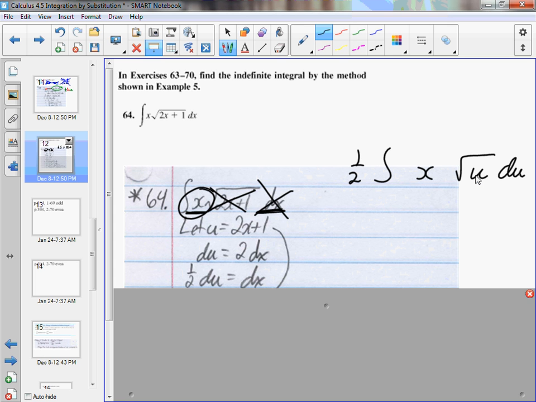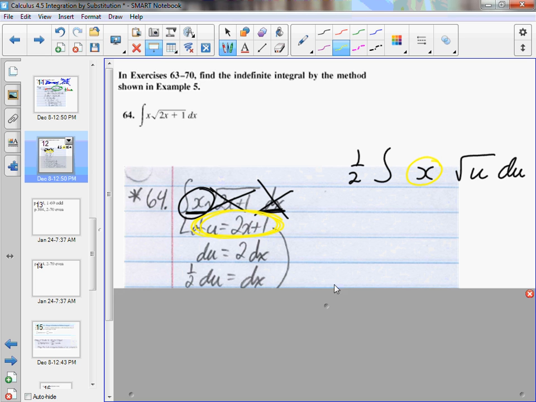All right, here's what we've got to do. I've got to replace that with something that has u's in it instead of x's. Look right here. Solve it for x, and you will come up with something with u's in it. So u equals 2x plus 1.